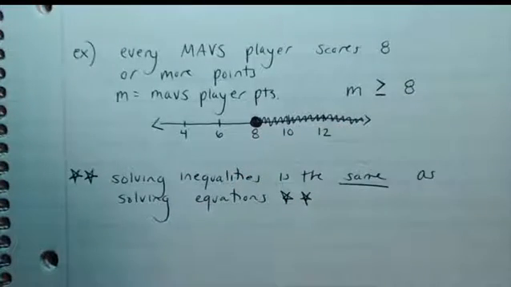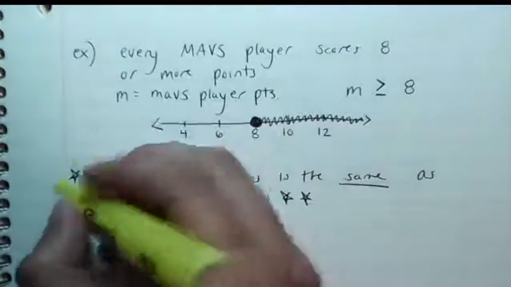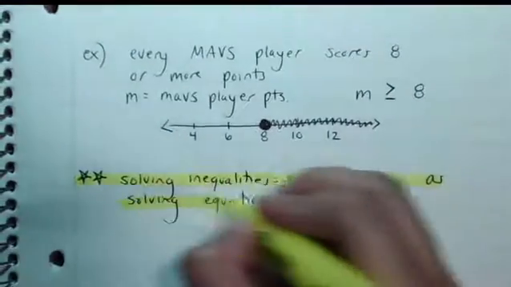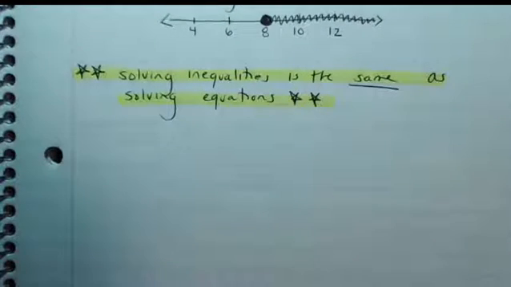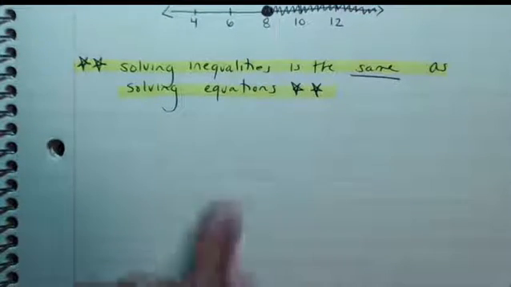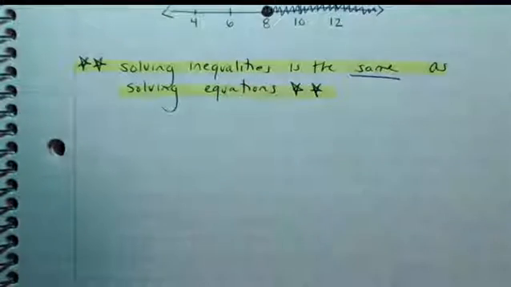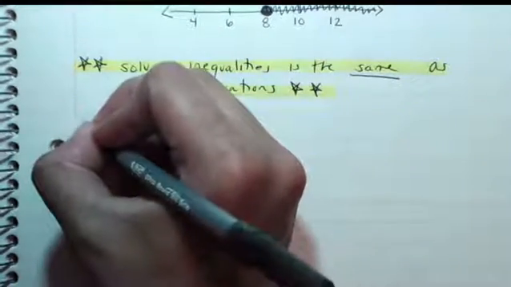So solving inequalities is the same exact thing as solving equations, and we spent a lot of time the last couple weeks solving equations, so you guys should be definitely well prepared for this. It's just really almost a review. It's just instead of an equal to sign, we're going to have an inequality symbol. So we'll start off pretty easy.